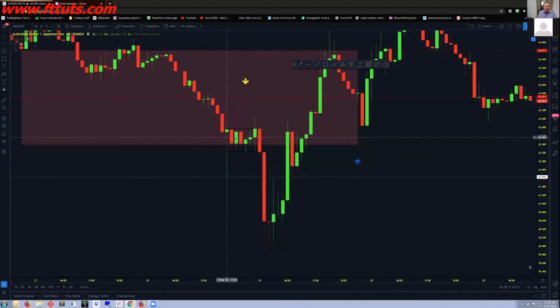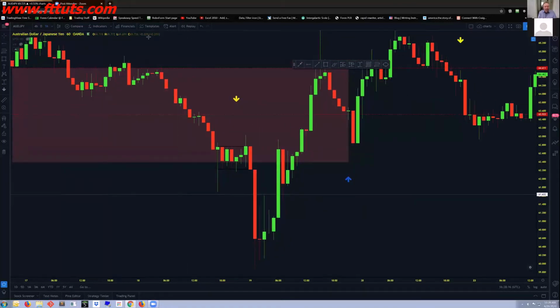Now, if we look at the tape above, the open, high, low, close up here, and I hover over this bar, notice that the high of that bar is 62,757. See that? 62,757 is the high.